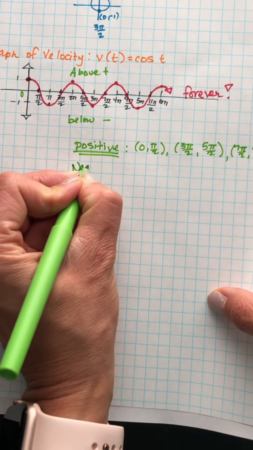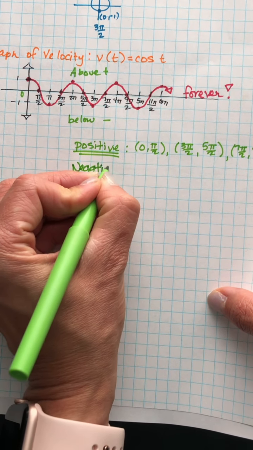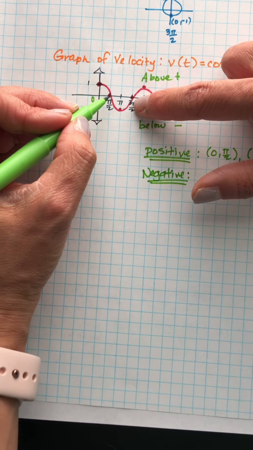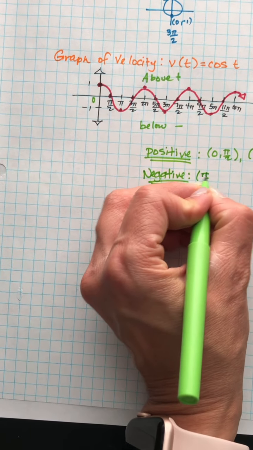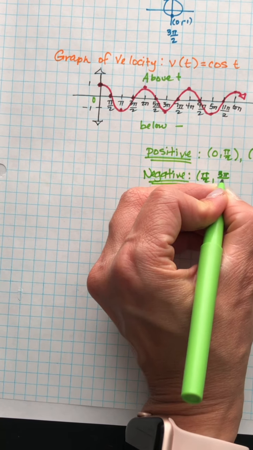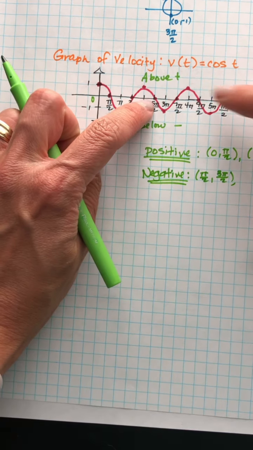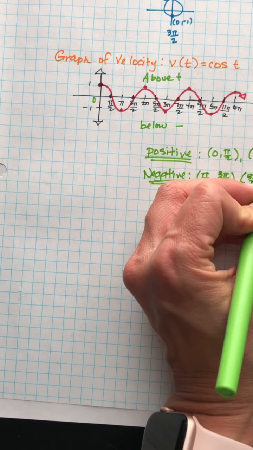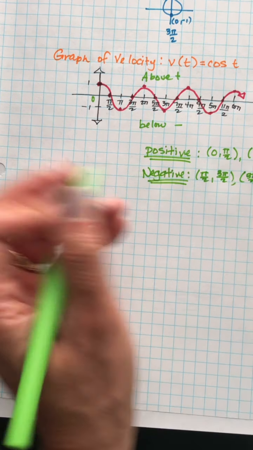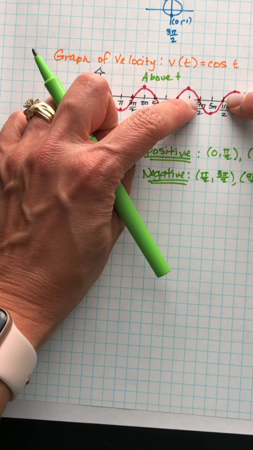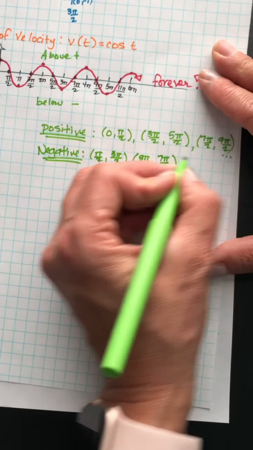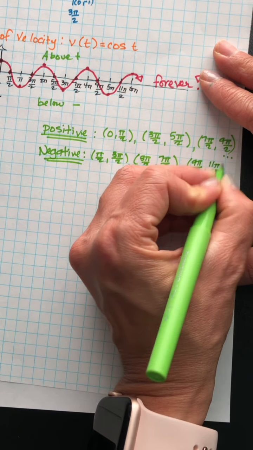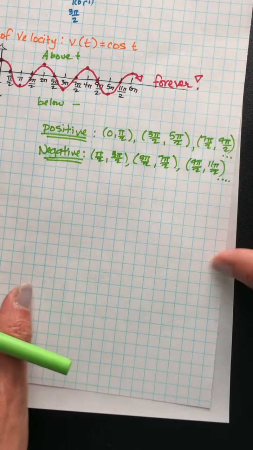Where are we in the negative position? Well, we're negative from pi over 2 to 3 pi over 2, that interval. And then 5 pi over 2 to 7 pi over 2. And then 9 pi over 2 to 11 pi over 2. And it's just going to keep doing that forever.